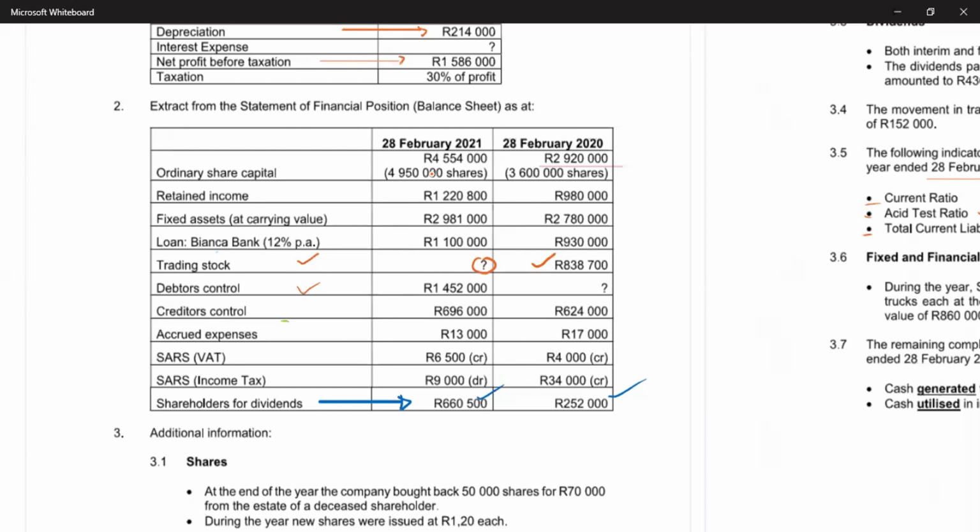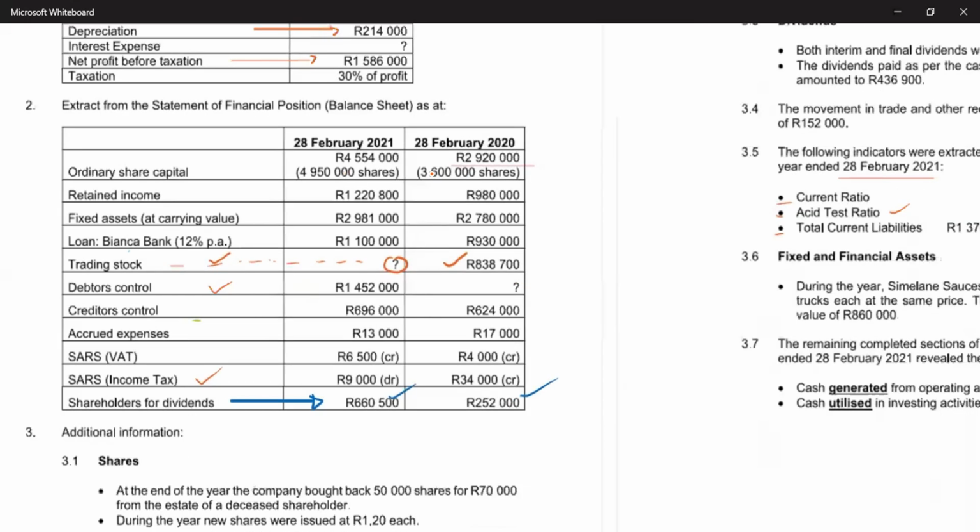Trading stock, debtors control. Let me see the other one. SARS income tax, which is a debit balance. Remember, if it's a debit balance, SARS owes us money. So this is a current asset. But the only problem is that I can't calculate my total current assets because I don't have this trading stock balance, right?